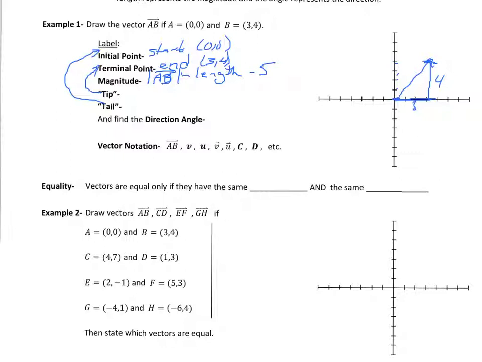Now, the direction angle, which we will call theta here, how are we going to find theta? Let's use our trigonometry. Well, isn't it a special triangle? It's 36. Could be, not necessarily though, and I want to put this in general terms, so we don't necessarily want to rely on that.